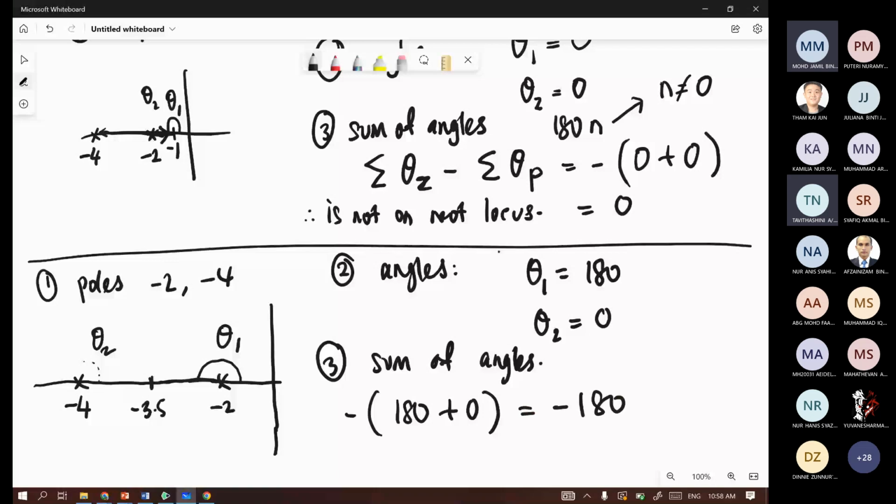It's a multiple of 180, hence the point -3.5 is on the root locus. Then now we can determine the gain K.